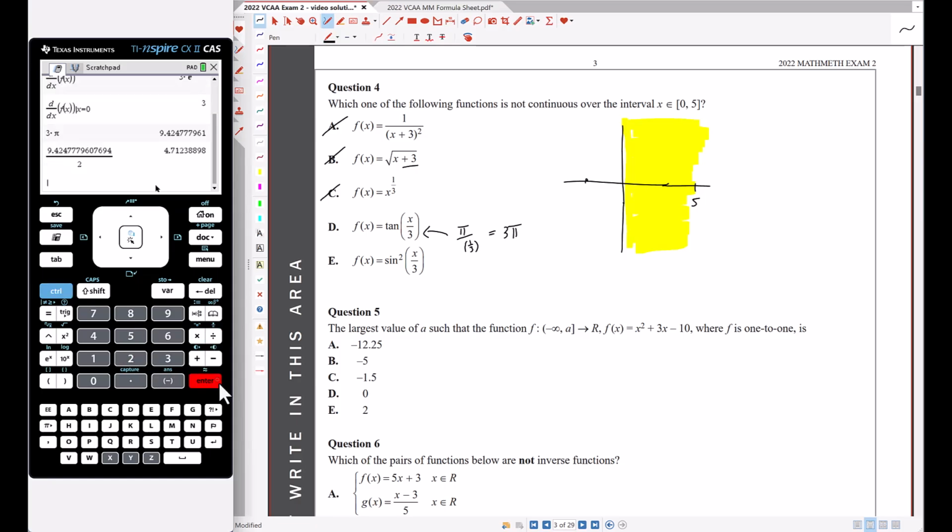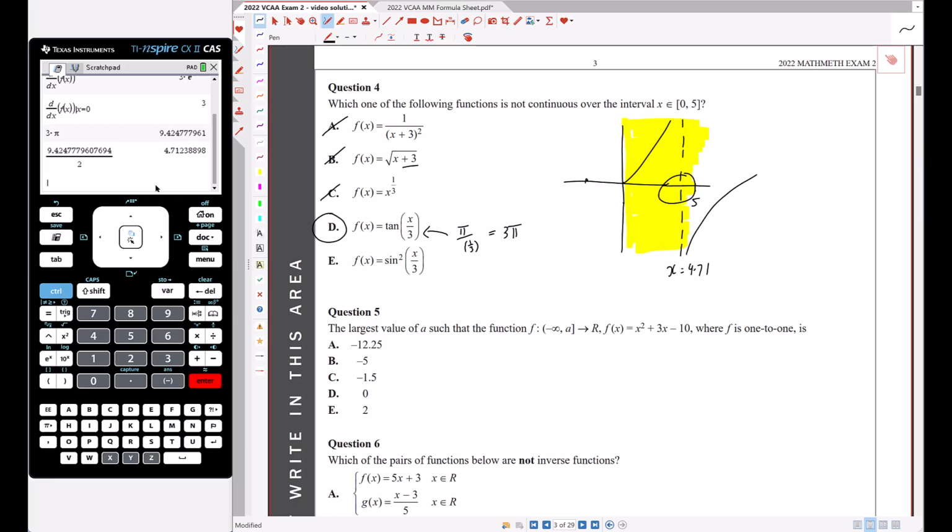Half of that, which is where the asymptote will be, is at 4.71. So the asymptote is going to be at x equals 4.71 for that tan graph. And so therefore, it's definitely not continuous over this interval, so I suspect it's going to be that one.